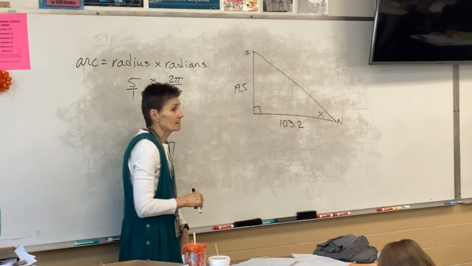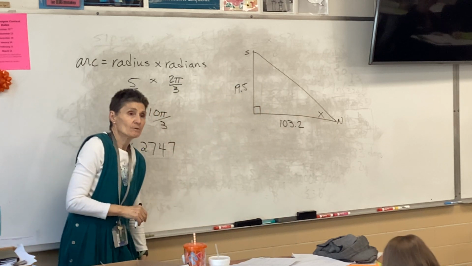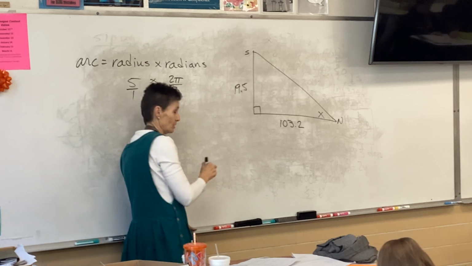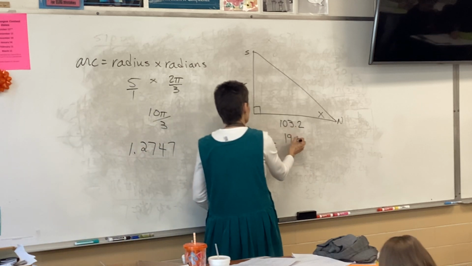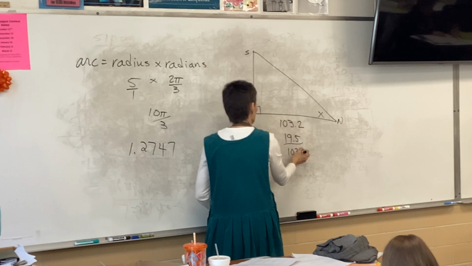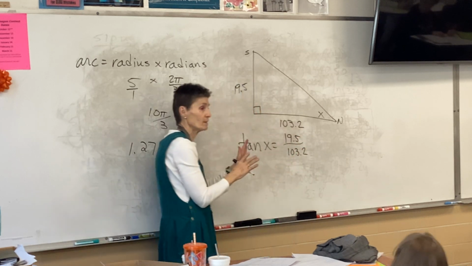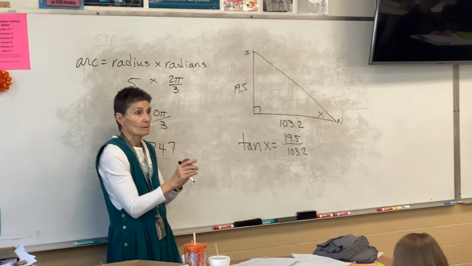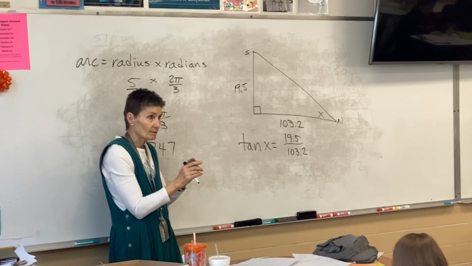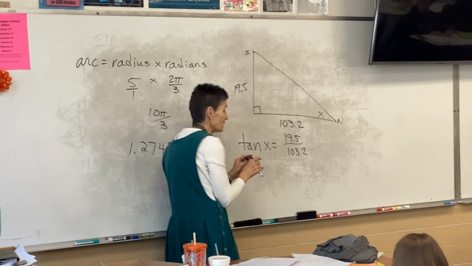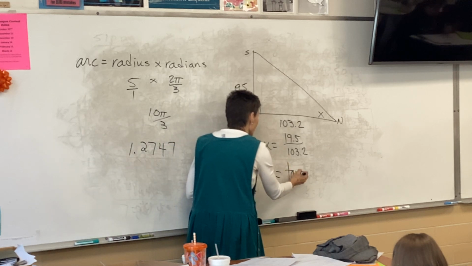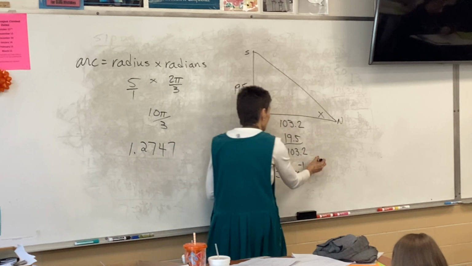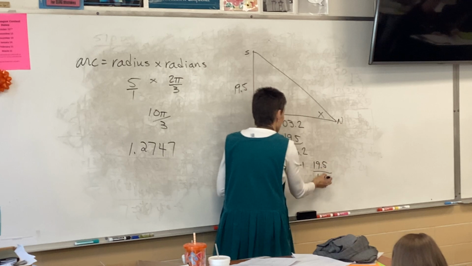So what, sine, cosine, or tangent? I'm going to do tangent, so tan x equals 19.5 over 103.2. But this is one of the tricky ones. Don't do any math. Don't do any multiplying or anything like that. x is going to be the angle whose tangent is this.